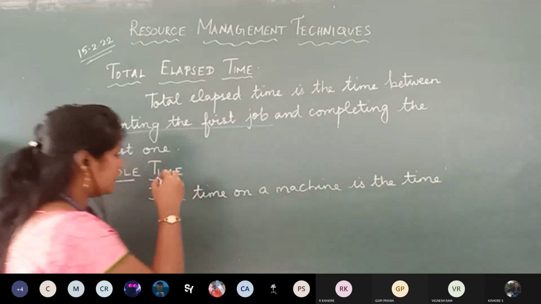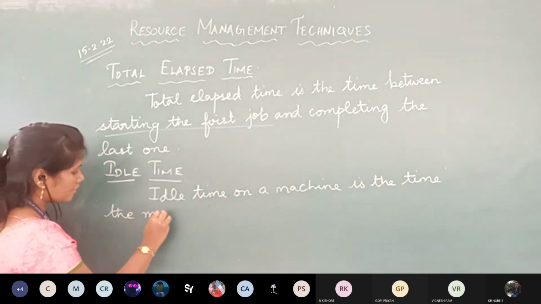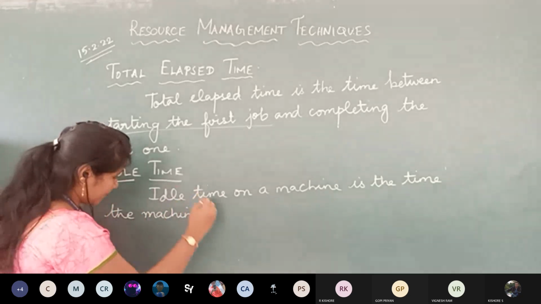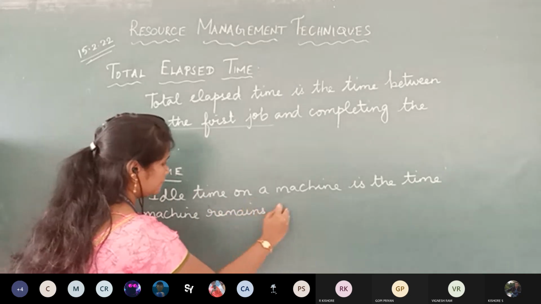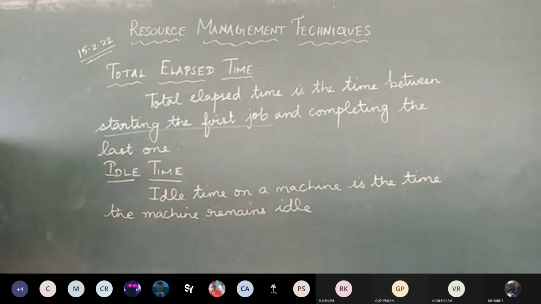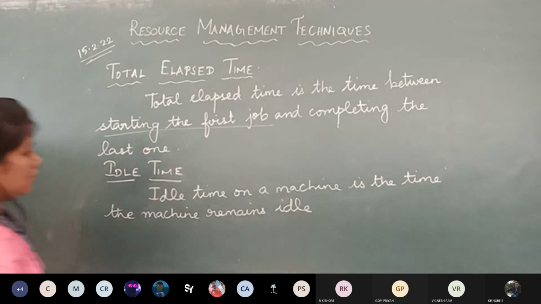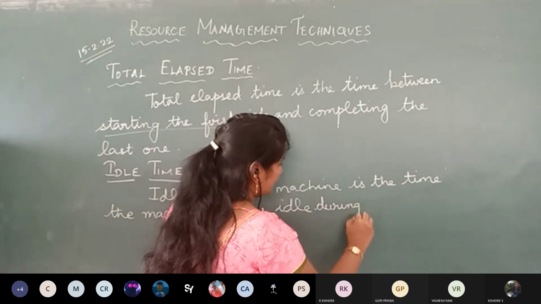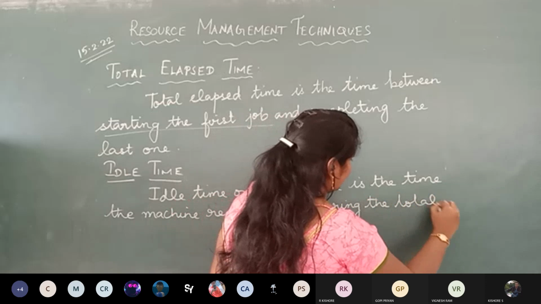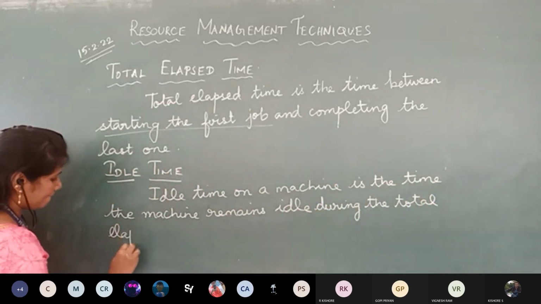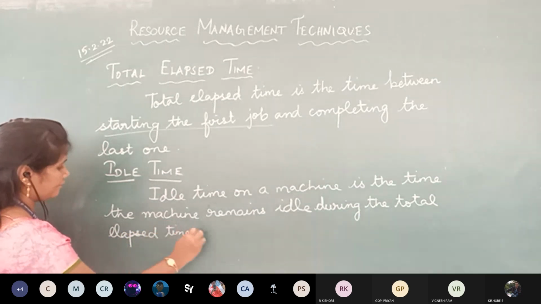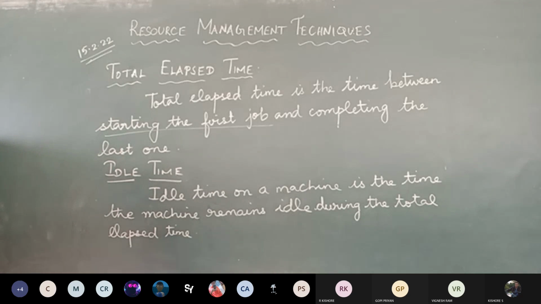Idle time on a machine is the time the machine remains idle during the total elapsed time. So this is your total elapsed time and your idle time.